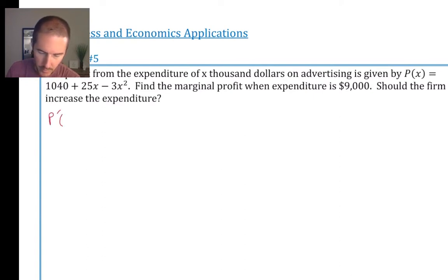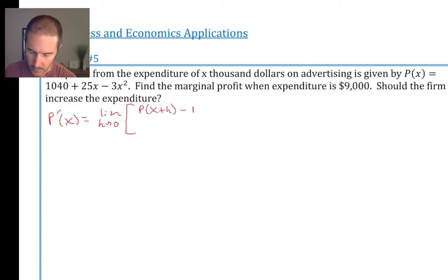P prime of x equals the limit as h approaches 0 of p of x plus h minus p of x, that's y2 minus y1, all divided by h, which is x2 minus x1.